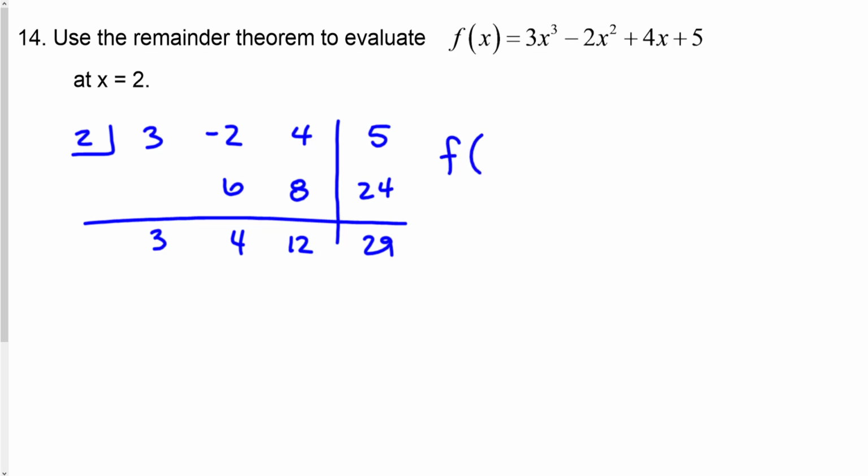So if I had evaluated f of positive 2, if I put that into the polynomial, the result would have been 29. Generally speaking, evaluating using synthetic division is easier.